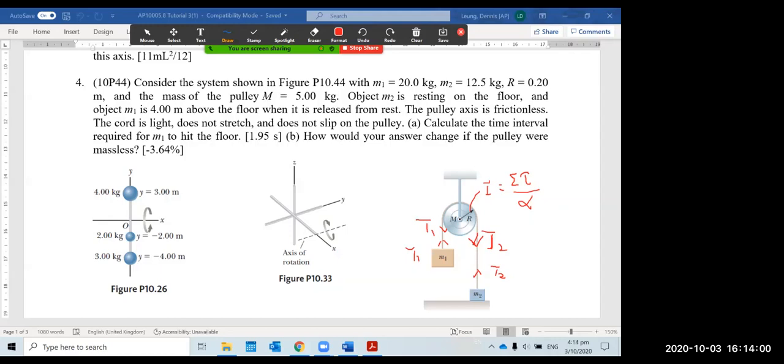Here, we could try to find out the angular acceleration of the pulley, alpha. And if the string does not slip, then the angular acceleration of the pulley is related to the tangential accelerations of the masses by a equals R times alpha. So that is the idea of the problem. Let us take a look at the solution here.